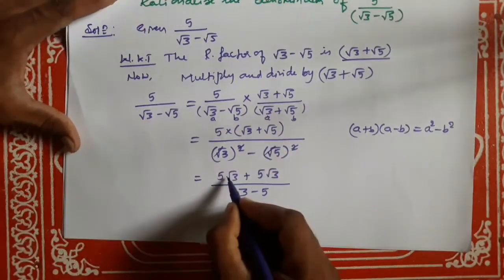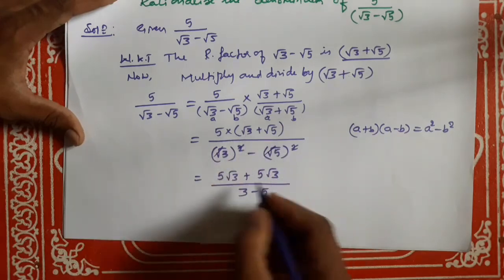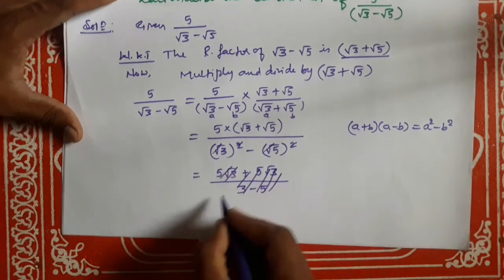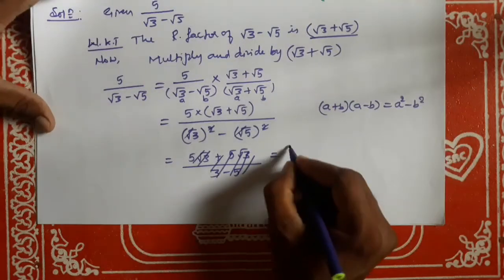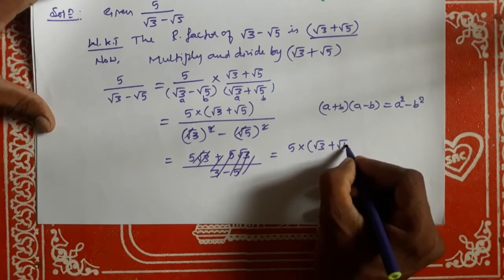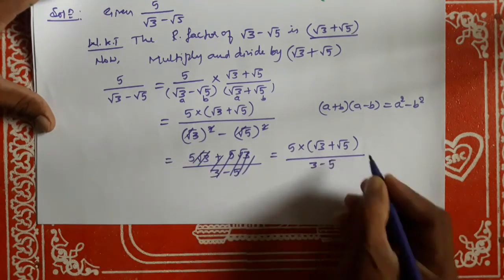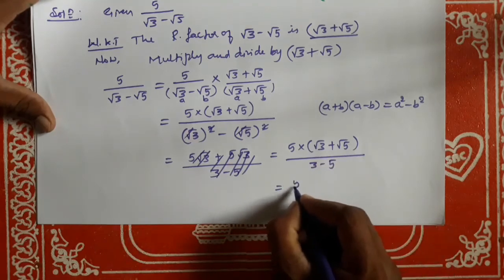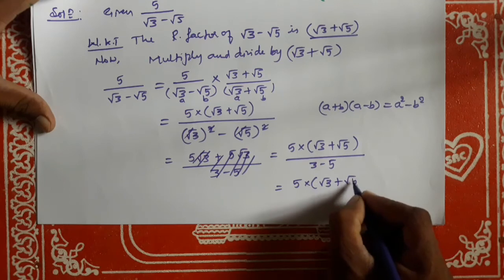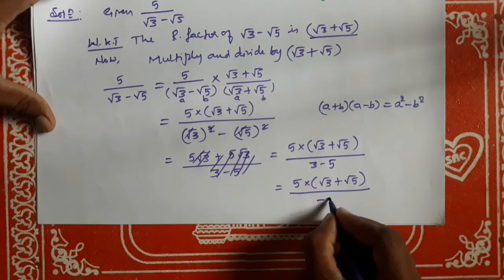Dear students, write the numerator the same: 5 into root 3 plus root 5. It is equal to 5 into bracket root 3 plus root 5 divided by 3 minus 5, which is nothing but minus 2.